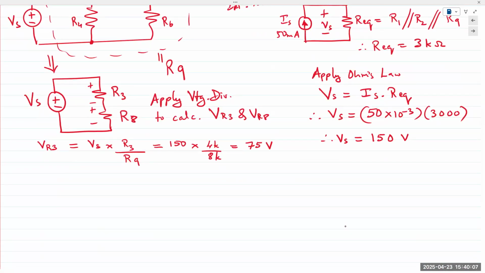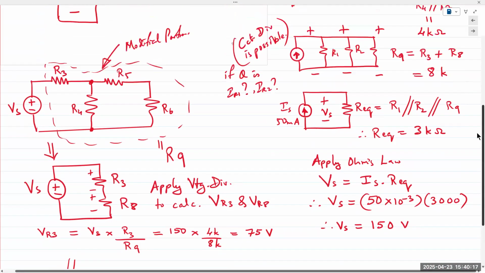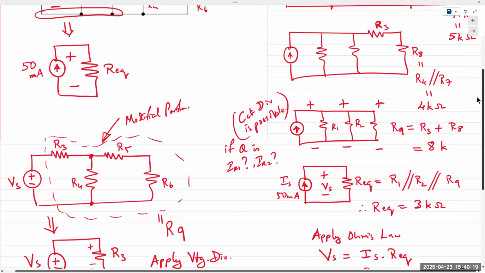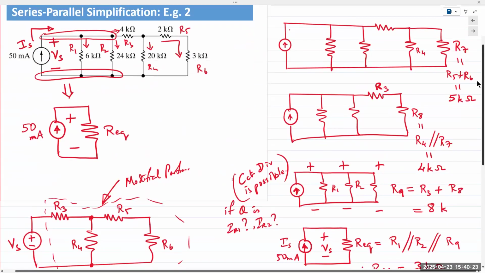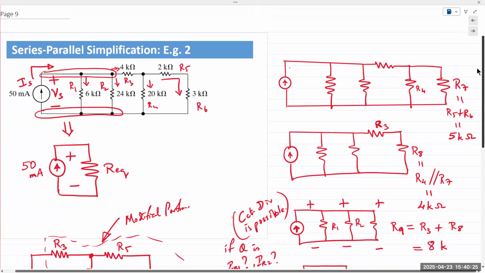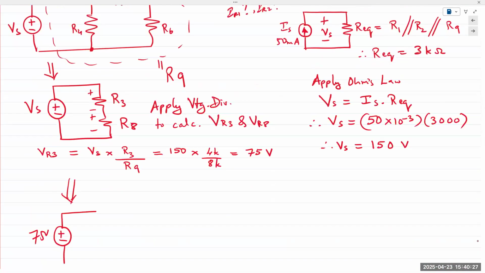And I can solve this further by saying this is 75 volts being applied to, how is R9 drawn? R8, sorry. R8 is R4 and R7, so 4, 5, and 6.